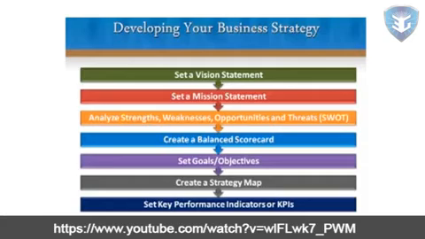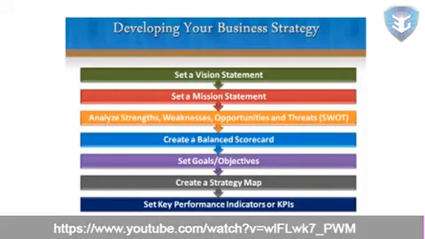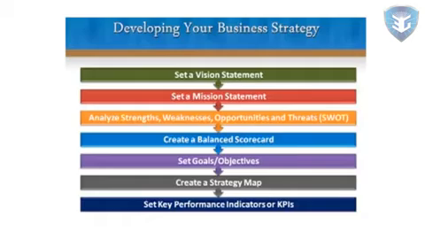A strategy map is an illustration that enables you to link actions or objectives into a coherent, logical structure that shows the cause and effect link between objectives or actions in your business. And lastly, number 7, KPIs, or Key Performance Indicators, are financial and non-financial metrics used to help your organization define and measure progress towards your goal.